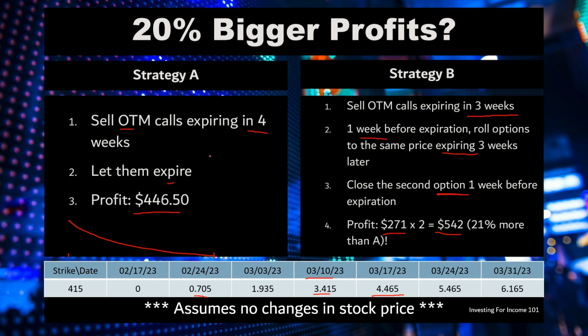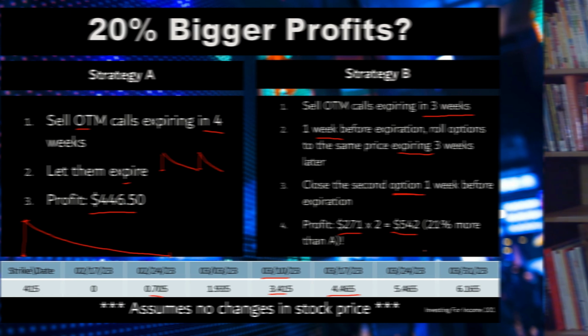You sell the option, but don't let it go all the way to expiration, and then sell another option, and again ride it for 2 weeks and buy it back. So the profit you get from the first option is whatever we sell it for, and the second option whatever we sell it for, twice. Whereas here, just the initial money that we get when we sell the option.